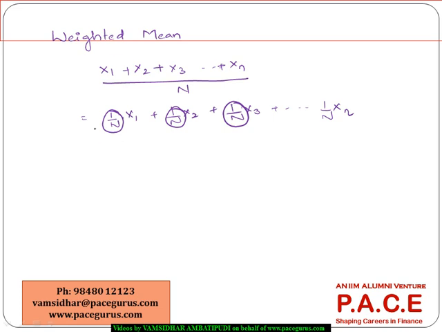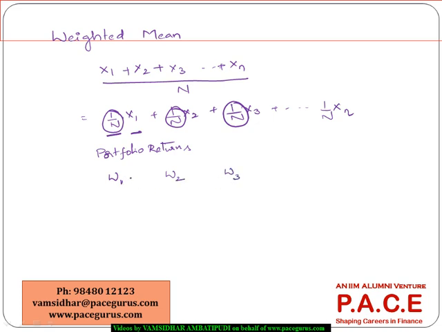But when the weightage given to each one of them differs, that is what we call a weighted mean. It is used heavily in portfolio returns examples, because my weightage of investment could be different in each of them. So I may be investing, out of my total proportion, some W1 in the first one, W2 in the second one, W3 in the third one.